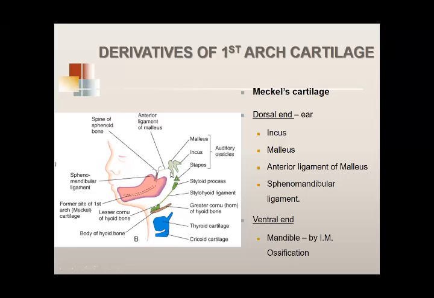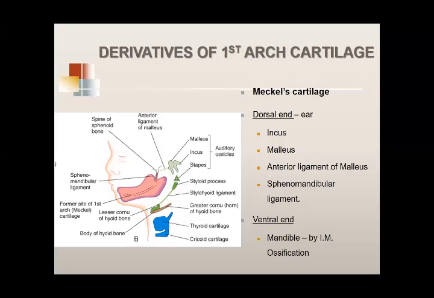So this would be the dorsal end of the Meckel's cartilage, and this is the ventral end of this cartilage. So dorsal end से अगर हम शुरू करें, the dorsal end पे it develops parts of the pieces of cartilage, they break up. ठीक है? Pieces of cartilage from the dorsal end, they break up.